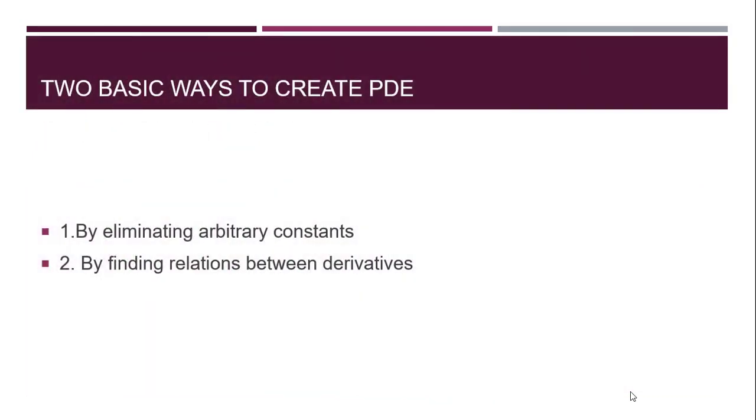So let's start. If we talk about a partial differential equation to be created from the given relation, there are two ways. First is by eliminating the arbitrary constants, and the second is by finding relations between the derivatives.